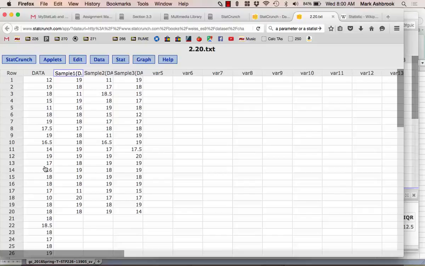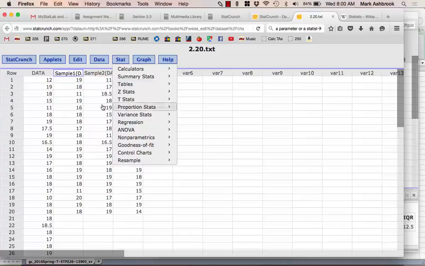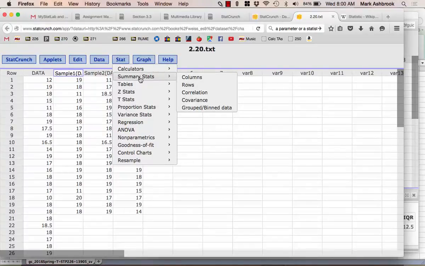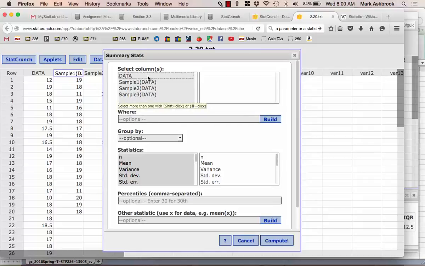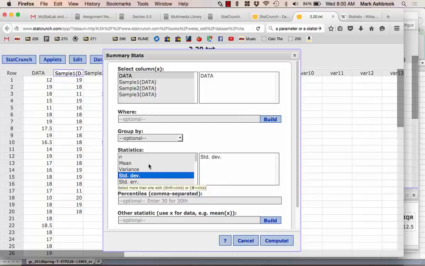So let's look at our actual data first. When I do the actual data, do I want the standard deviation or the unadjusted standard deviation? I can clear these out, and I'll do the mean. Do I want the adjusted or the unadjusted standard deviation if I'm talking about the data set?